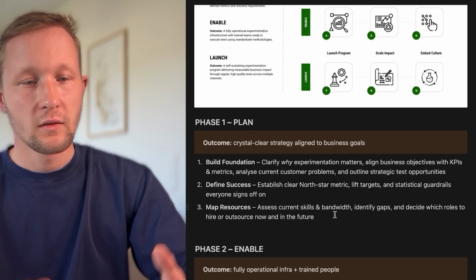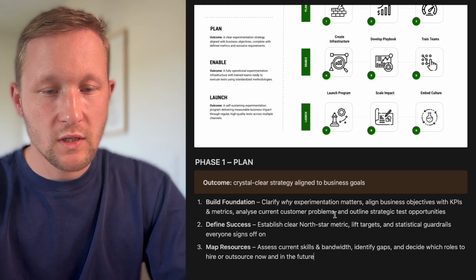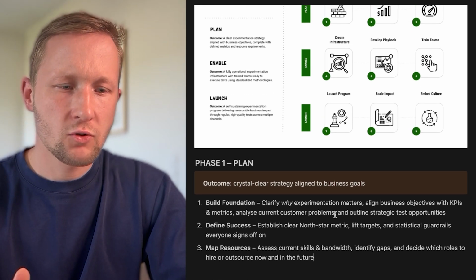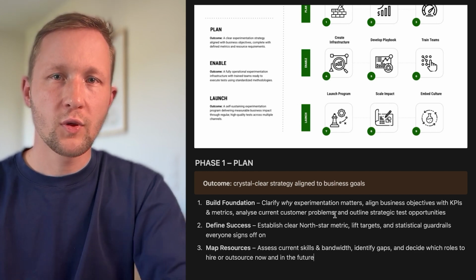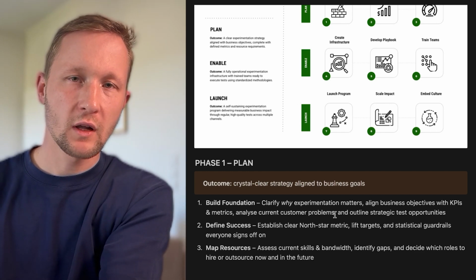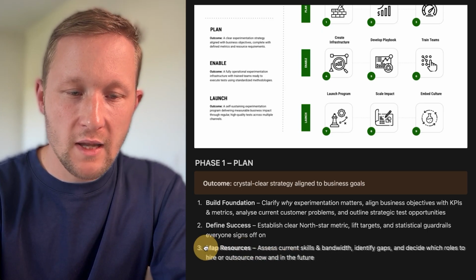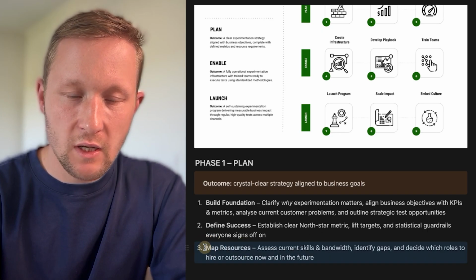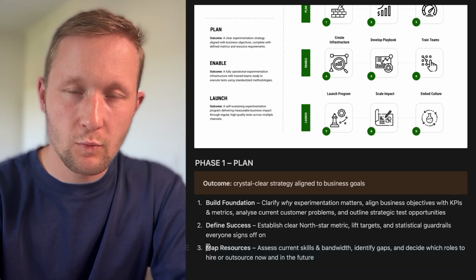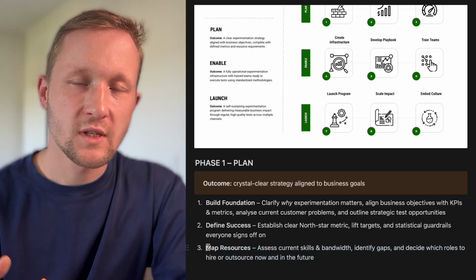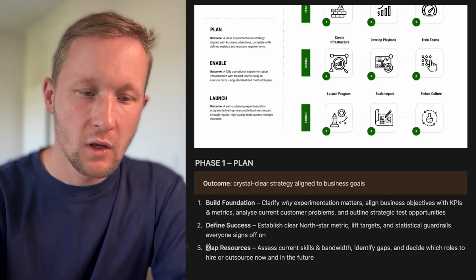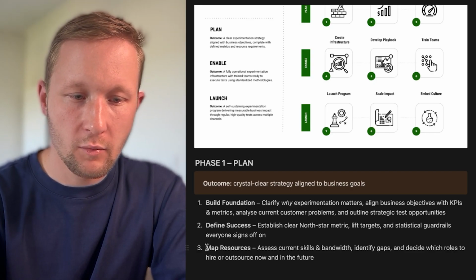And then the next one is mapping resources. Obviously, if you're trying to build an experimentation program purely done for you by someone else, by an agency, this will probably be less relevant, but I would also say you're not really building an experimentation program in your company. You're just adding that function to your company or to your processes.